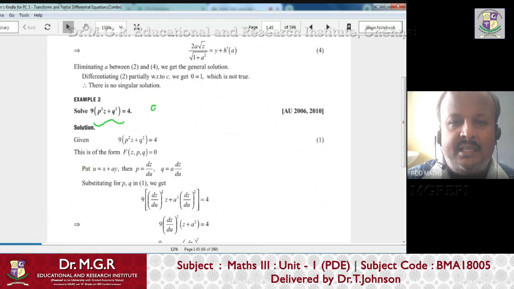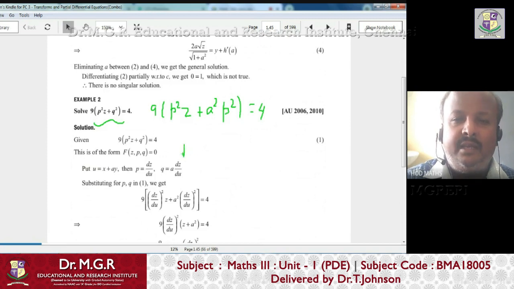So this can be written as 9 times p square z plus q square can be written as a square p square into 4, right? From that we can take p square outside. Then it is something like z plus a square is equal to 4 by 9.